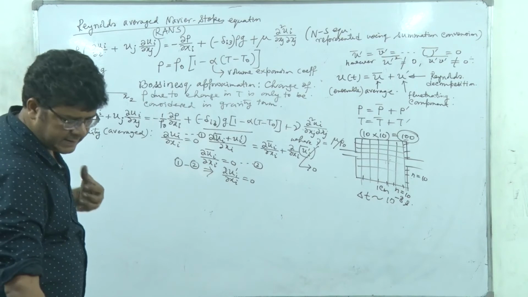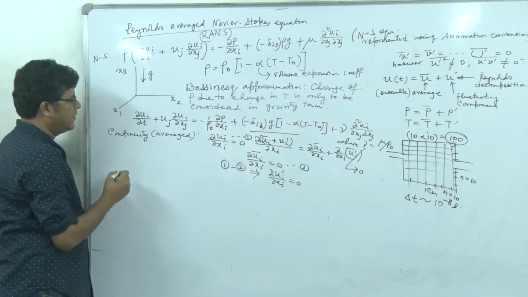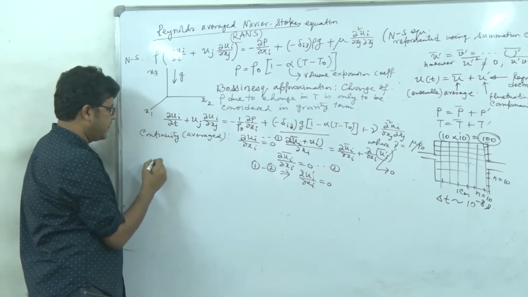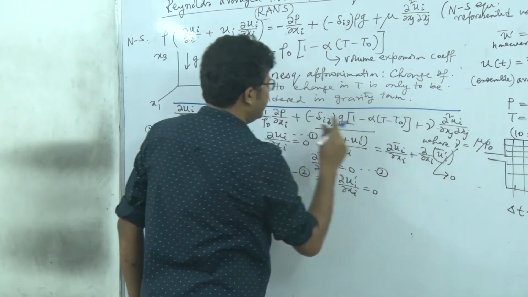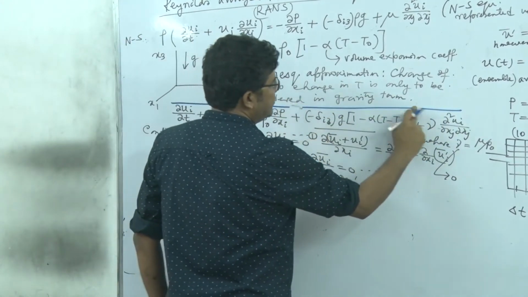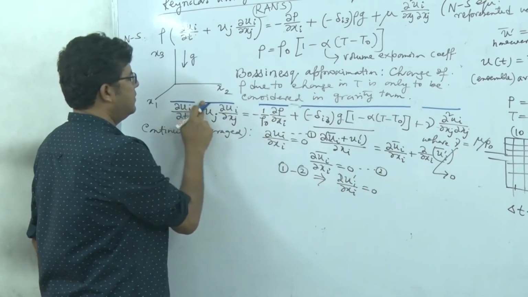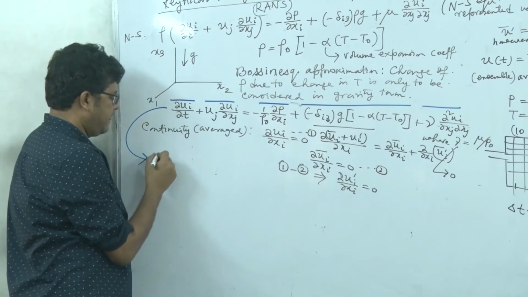After that, next we will go for averaging this Navier-Stokes equation, term by term, because the average of this is equal to the average of these individual terms.